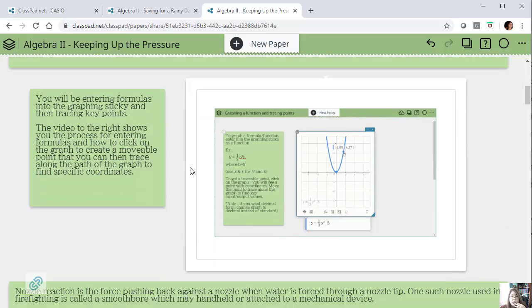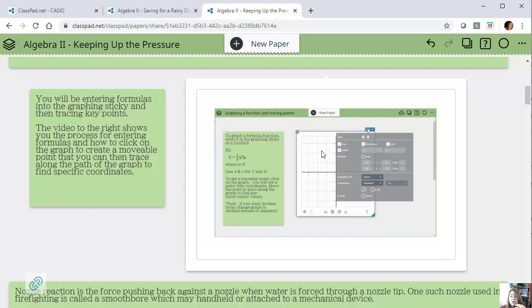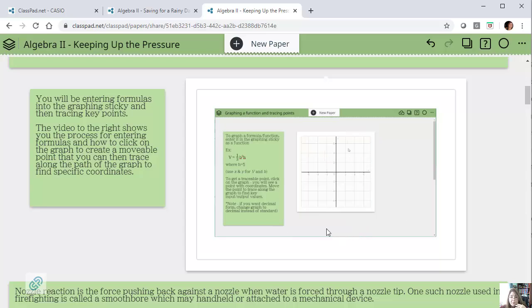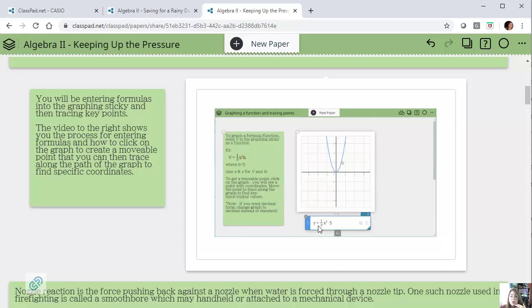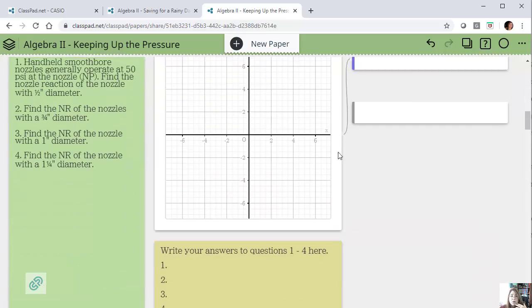And I want to point out that this one actually shows them how they could use their graph to create a point. So they take a formula and they plug it into the equation. They graph it, so you get a graphical representation of the formula at that specific value, and then you can move along the graph to find specific values. So that's what's going on here.